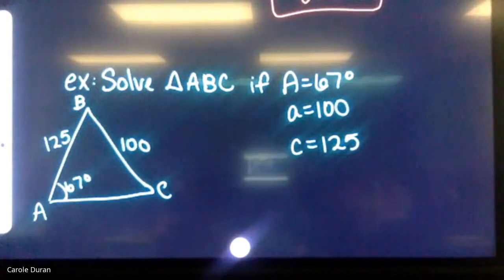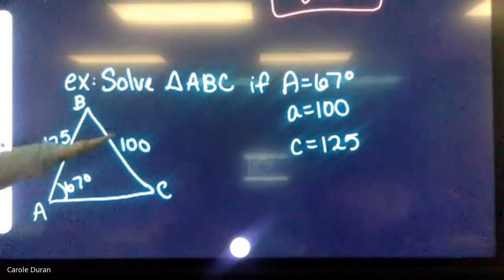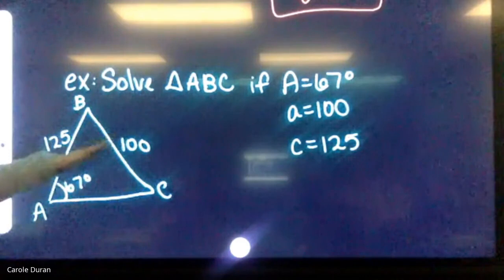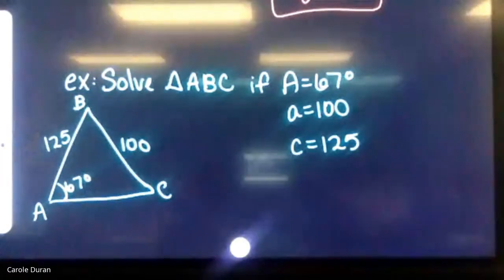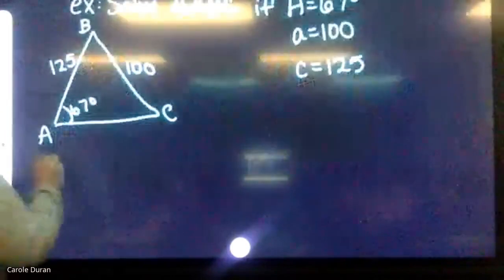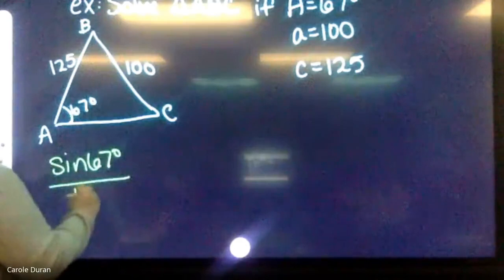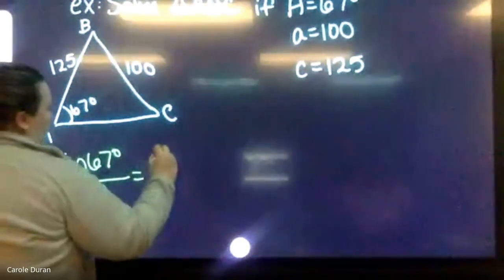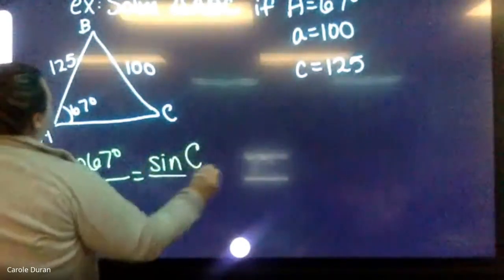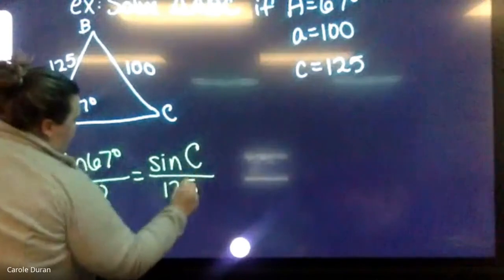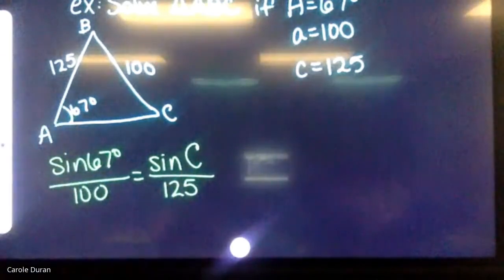I'm glad you guys saw that. So of course I'm going to use my complete pair for A, and then I'm going to use the part that I know for C, and we'll solve for the unknown. So setting up my law of sines, I have sine of 67 degrees over 100 is equal to sine of angle C over side C, which is 125. I have to isolate the whole sine of C part of this.